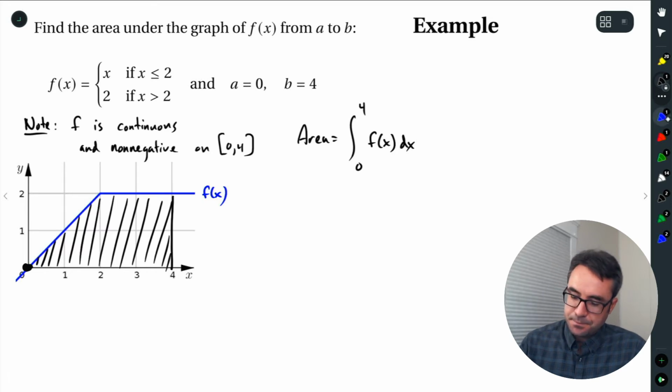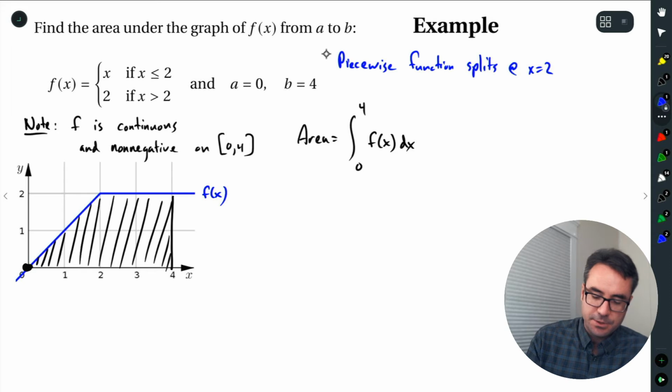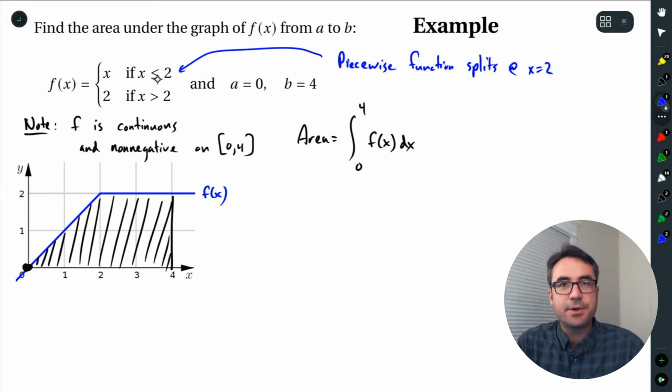And so what we notice is that our piecewise function has two different pieces, and it splits at x equals 2. So we can tell that by looking at these inequalities.